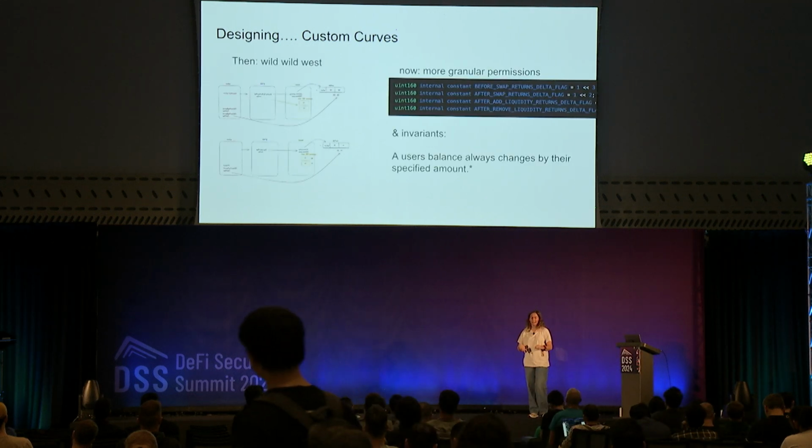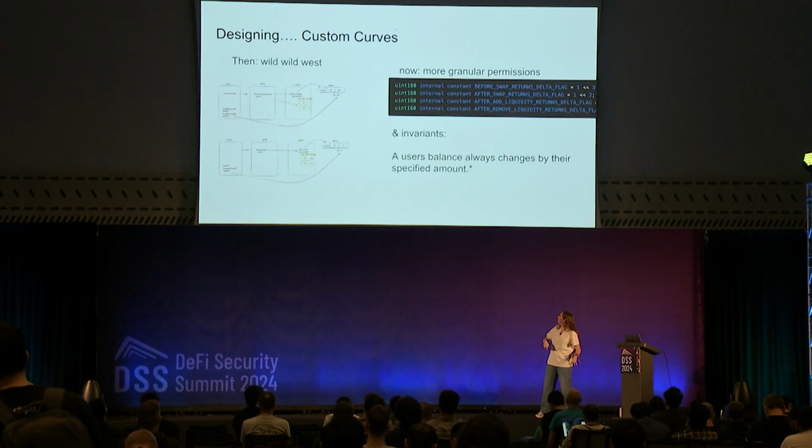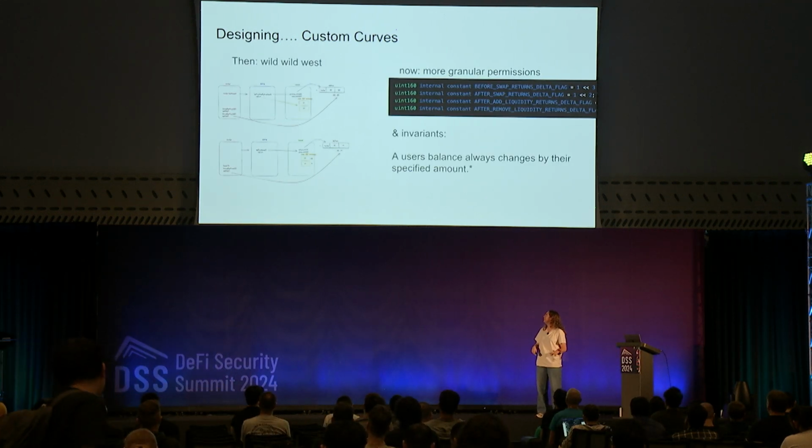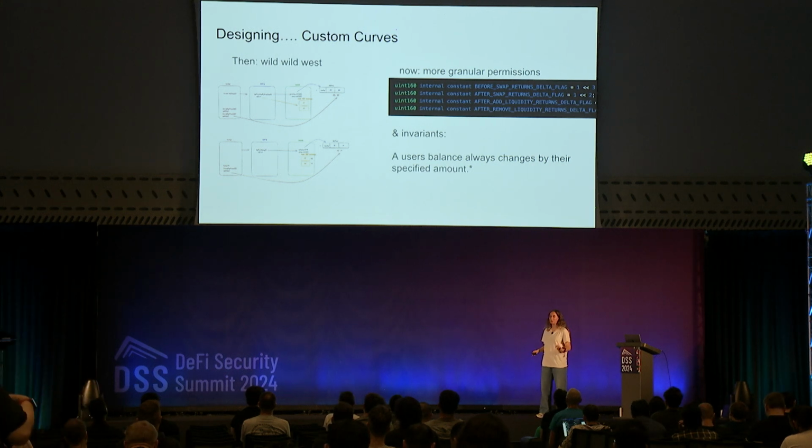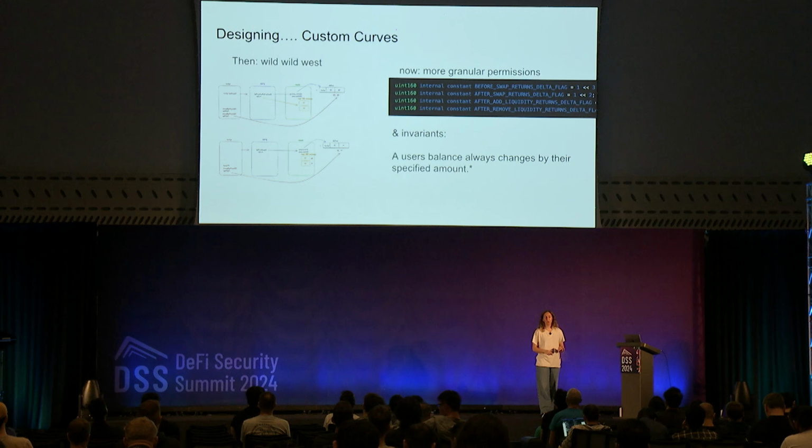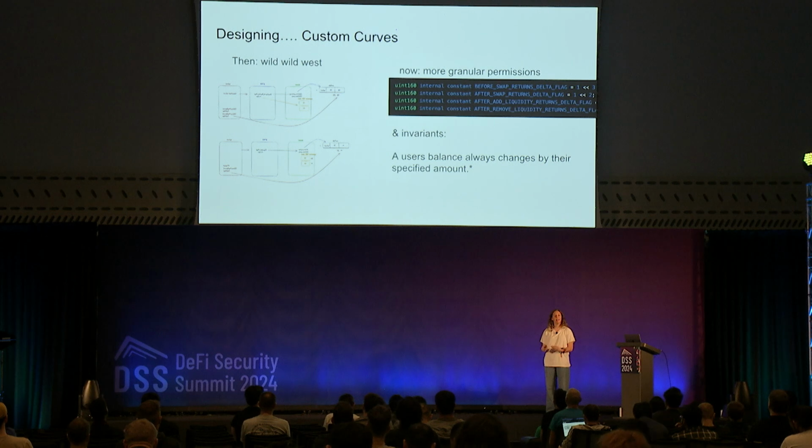So at one point, on the left, you'll see this diagram for this super easy custom curve implementation. It was a crazy design. We essentially allowed a hook to apply deltas on behalf of a user if it had a certain permission turned on.